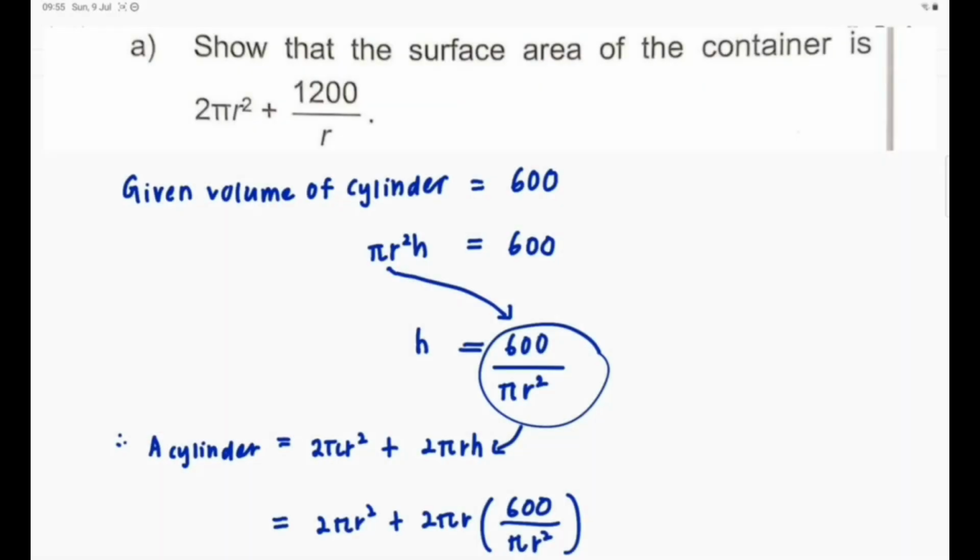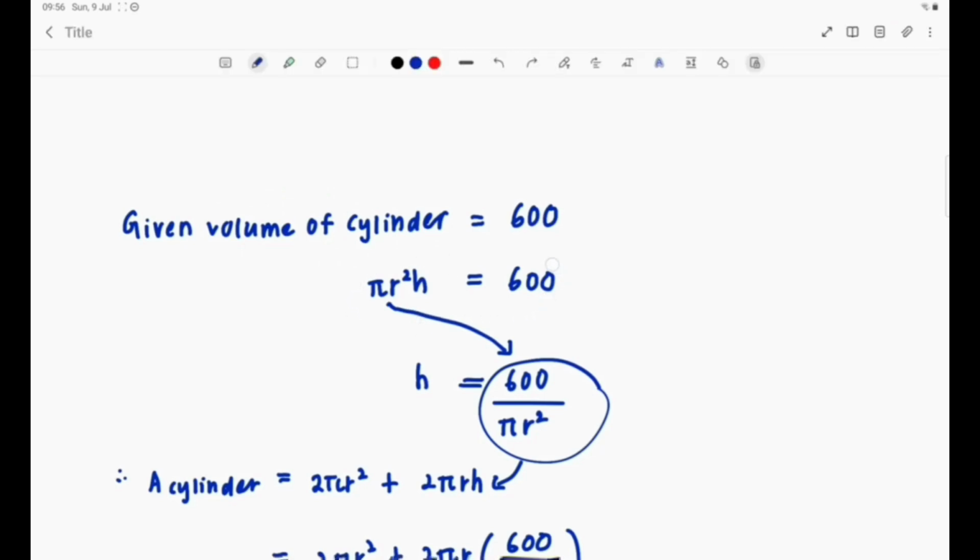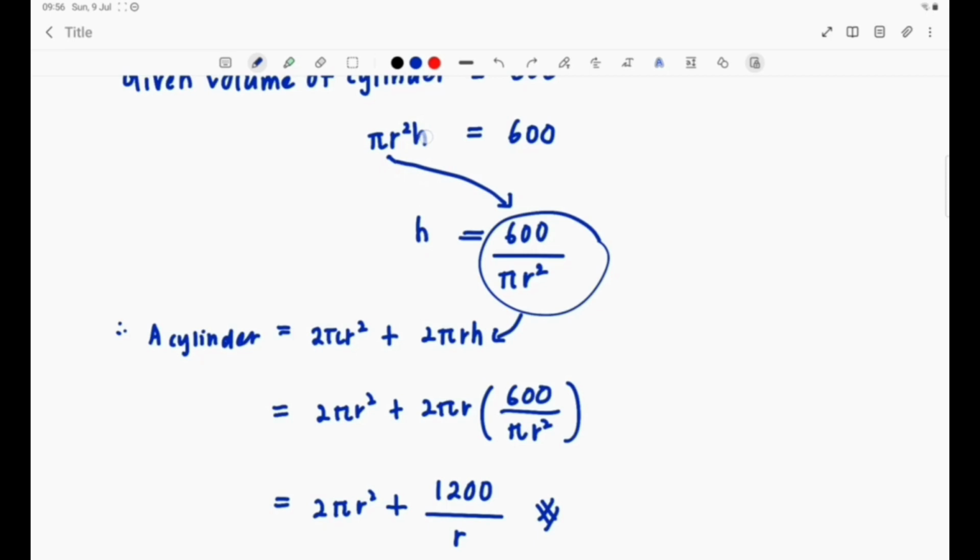Show that the surface area of the container is 2 pi r squared plus 1200 over r. Given the volume of the cylinder is 600, and the formula for the volume of a cylinder is pi r squared h equal to 600. Since we want to know the h value, we bring pi r squared to the right. It becomes h equals 600 over pi r squared.